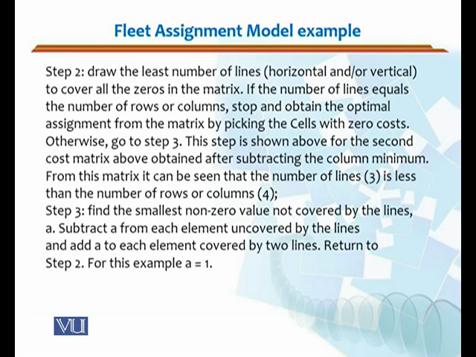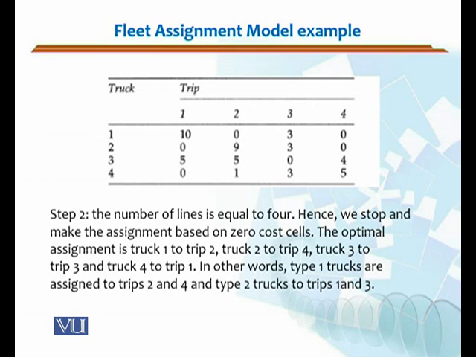For example, in this example, if you draw 3 lines which will cover all the zeros, the smallest non-zero uncovered element would be 1. You can verify it. And you will add 1 to the covered elements and subtract 1 from the uncovered elements. You will get this table after performing step 3.